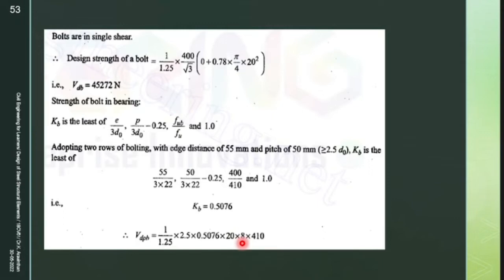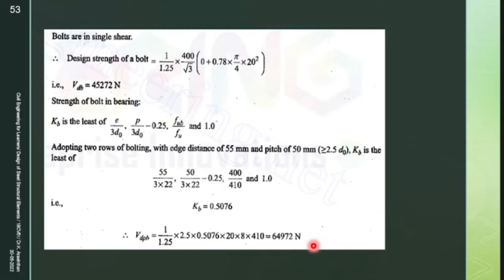What are the thicknesses? 10.6 and another thickness is 8 mm. So the least is 8 mm, and this is the ultimate bearing capacity of the plate. So what is your answer? 64.972 kilonewton.